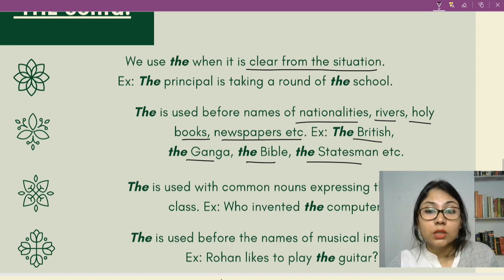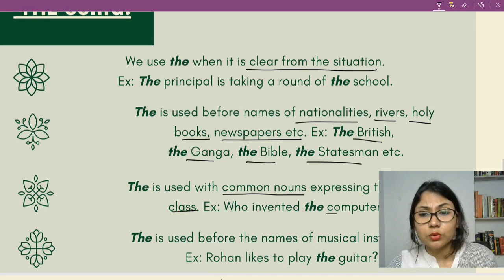The is used with common nouns expressing the whole class. For example, who invented the computer? Here I am not talking about only one computer. Here I am telling who invented the computer. The whole class of computers. The machine computer has been invented by whom? That's what it's been asked.